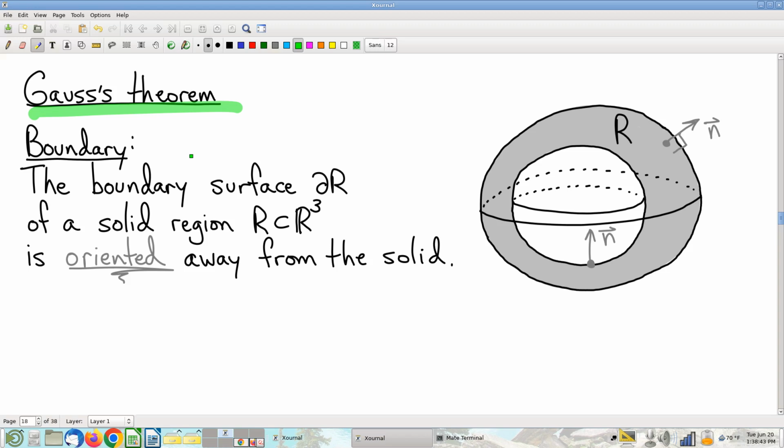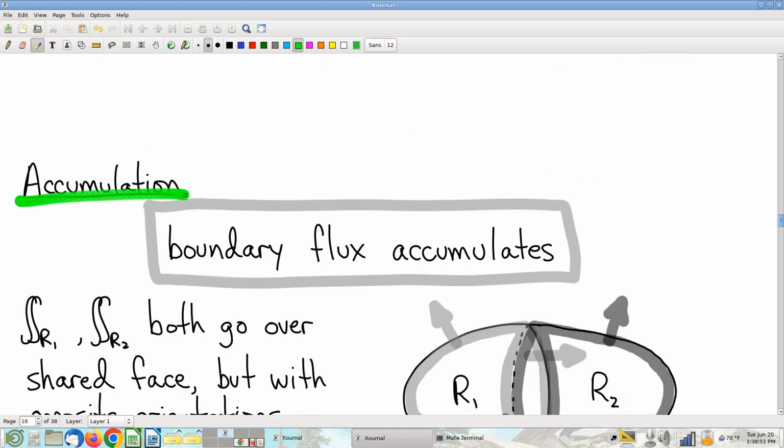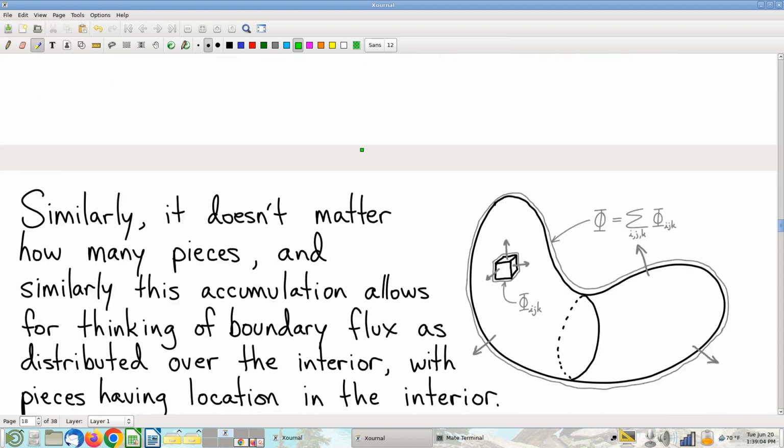You may recall when we were doing Green's theorem, the very first thing I did is I talked about some details about how we're going to use the word boundary. And then I talked about accumulation and accumulating quantities. Then I specified a specific quantity that I claimed was an accumulating quantity, and we drew a picture and justified that it was an accumulating quantity.